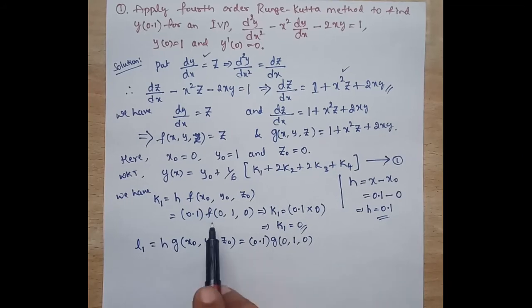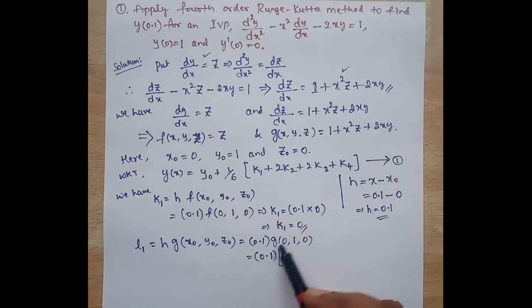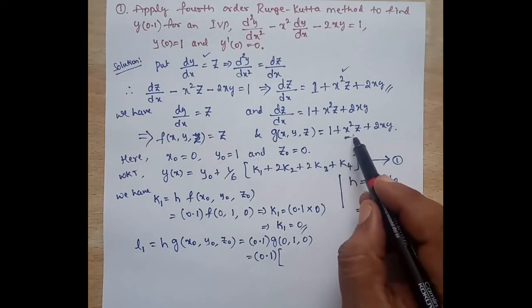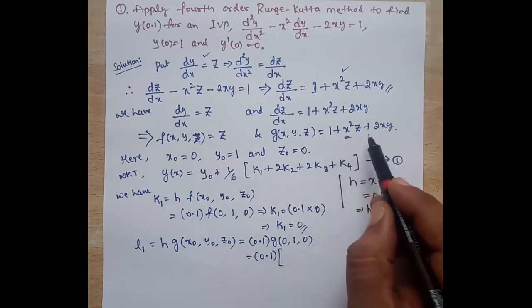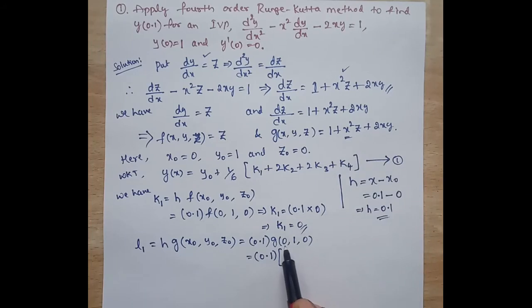Now what is g? Observe here, g is 1 plus x square into z plus 2xy. In this relation of g, we have to substitute these values: x is 0, y is 1, z is 0.